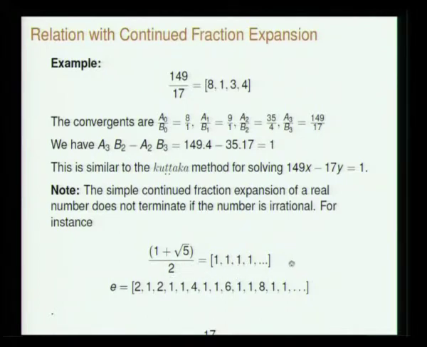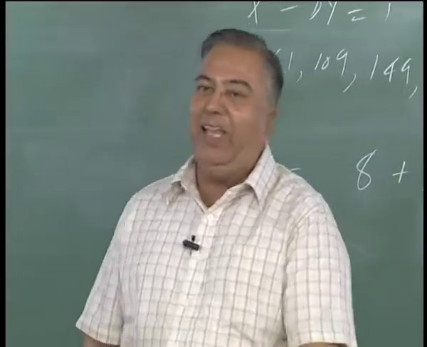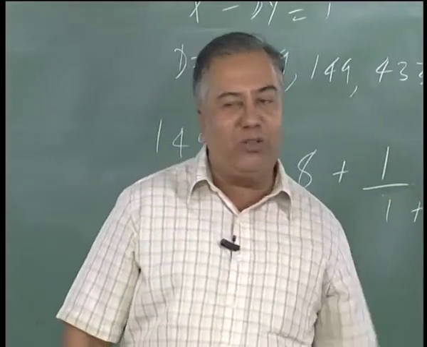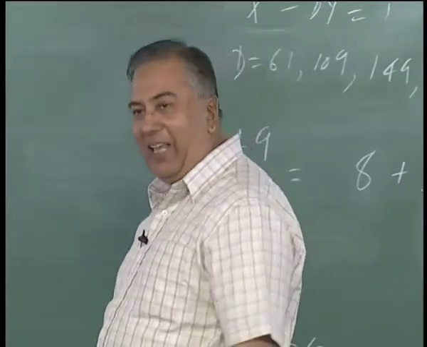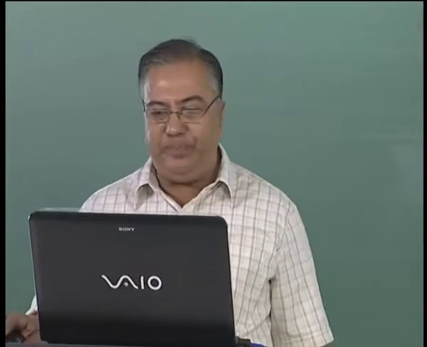Its continued fraction is 1 1 1 1 1 1. e, the base of natural logarithms, has a nice continued fraction 2 1 2 1 1 4 1 1 6 1 1 8 1 1 etc. Unfortunately pi does not have a nice continued fraction. Calculating the 10,000th partial quotient of the continued fraction of pi is as difficult as calculating the 10,000th decimal place of pi. So they are equally random.